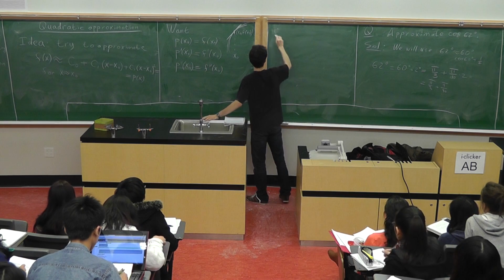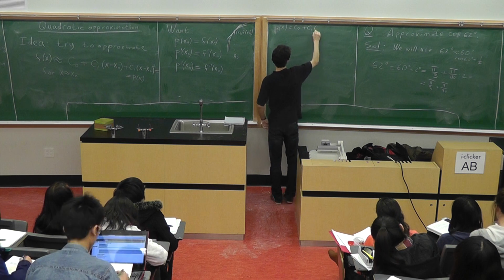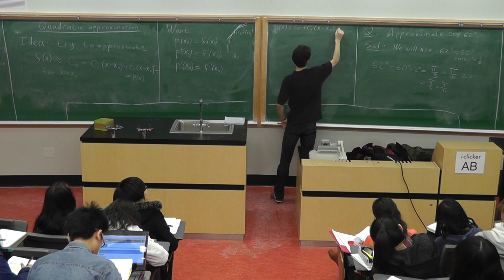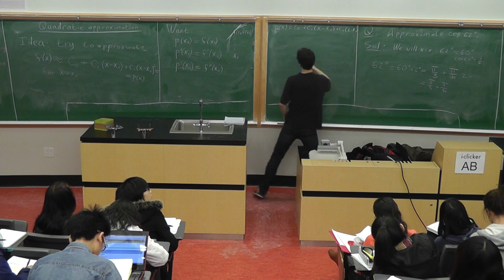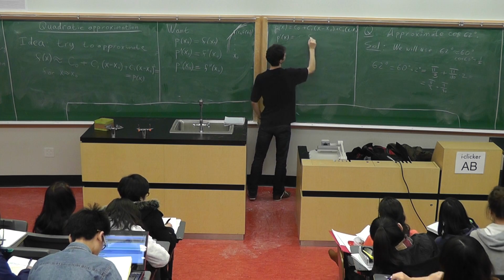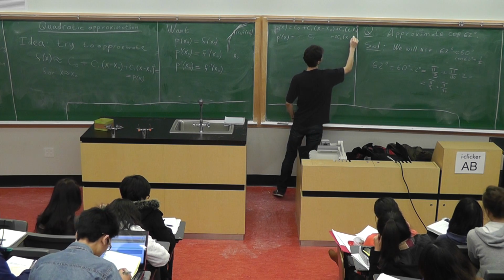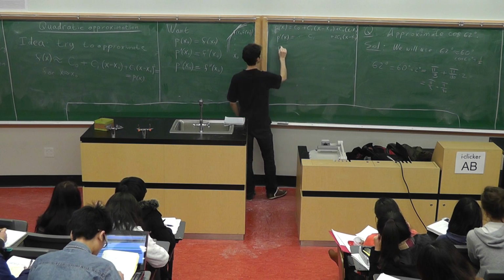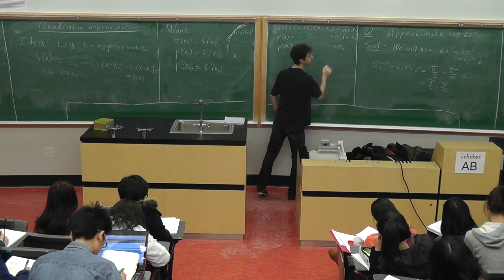What is the value of the polynomial? So first of all, if p of x is this polynomial, the derivative is c1 plus 2c2 times x minus x naught. The second derivative is 2 times c2.